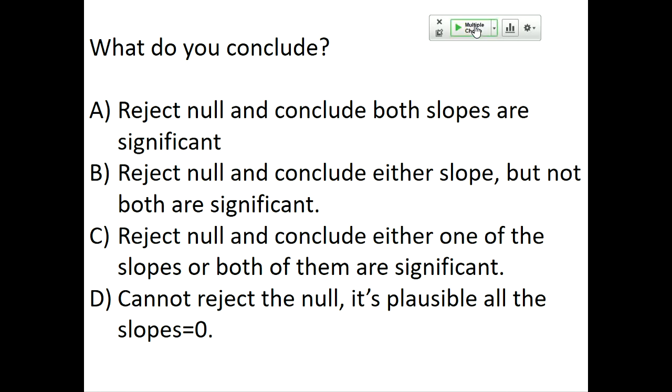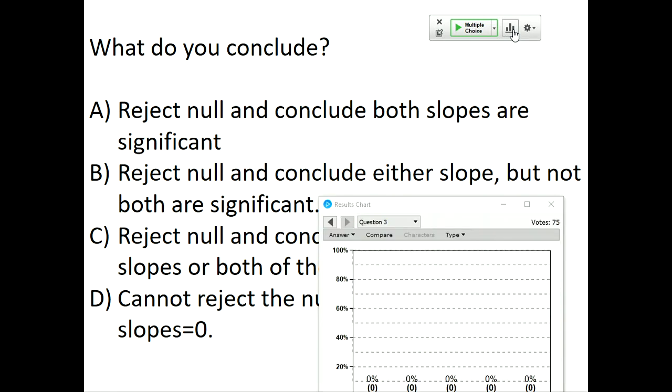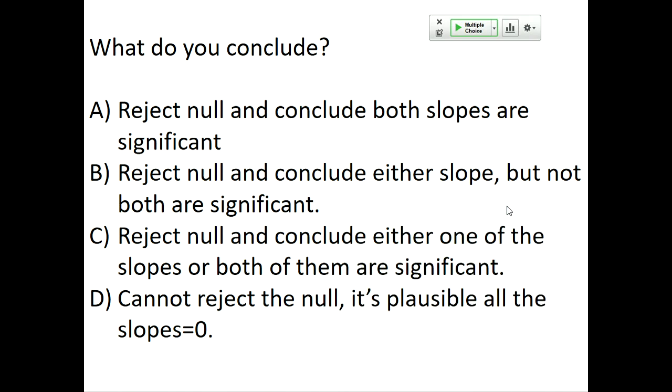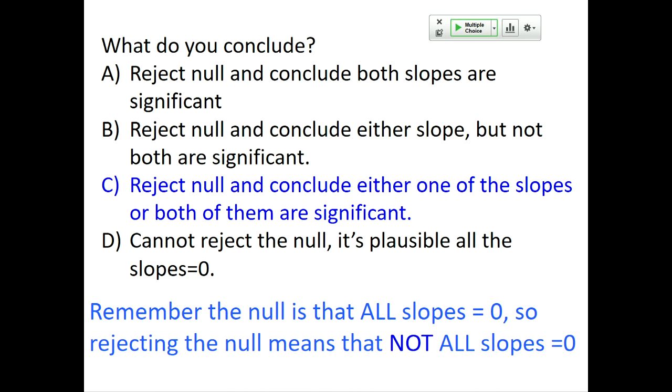Okay, so C is the answer. Let's see how many people chose that. It was between A and C. Okay, I can understand why you chose that. Let's think about it a little more. What do you conclude? Reject the null and conclude either one of the slopes or both of them are significant. Remember, the null is that all the slopes are equal to 0.